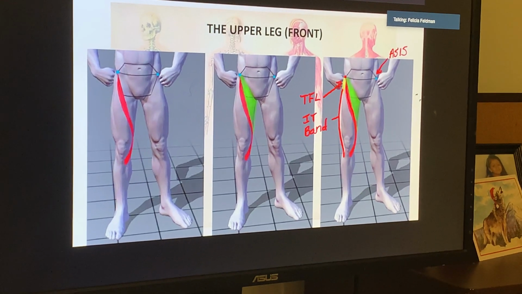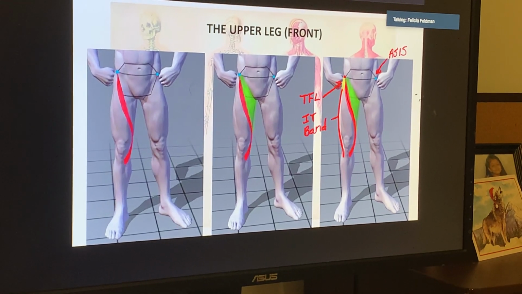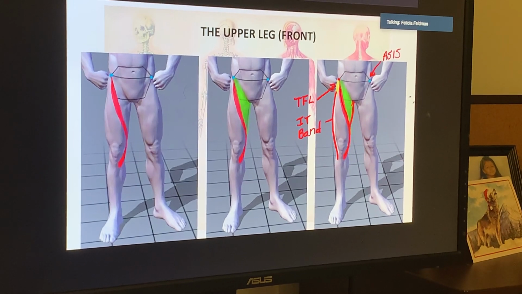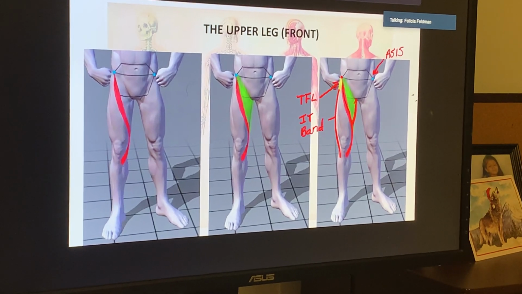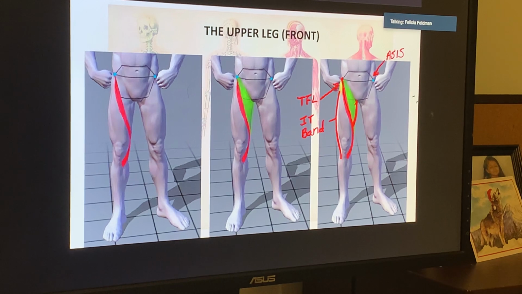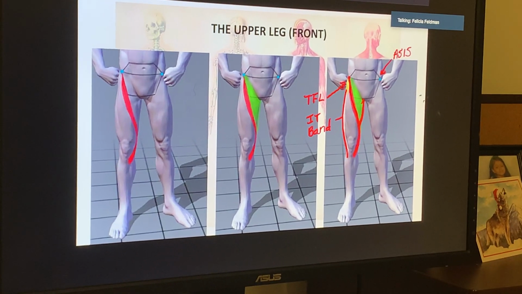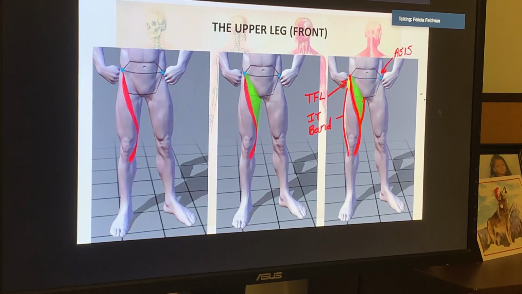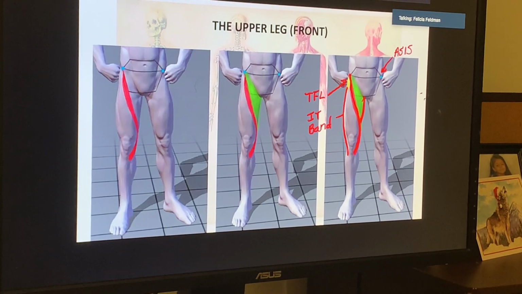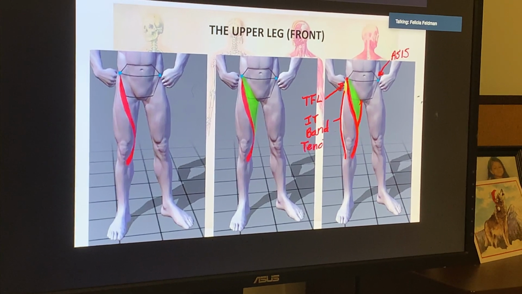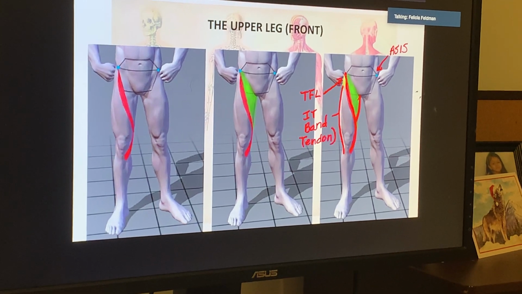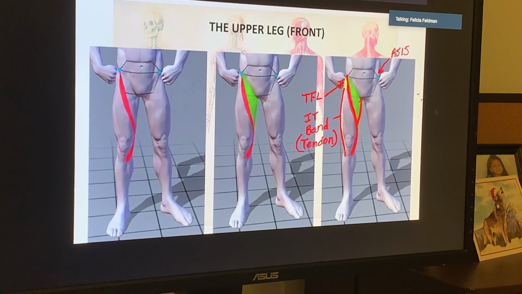And it's basically the antagonist of this long muscle over here, which we're not going to talk about, and to some extent our sartorius muscle. Notice how they're both long and thin, ribbon-like, except this IT band is a tendon. Okay? So does anyone remember what I said about how tendons look?